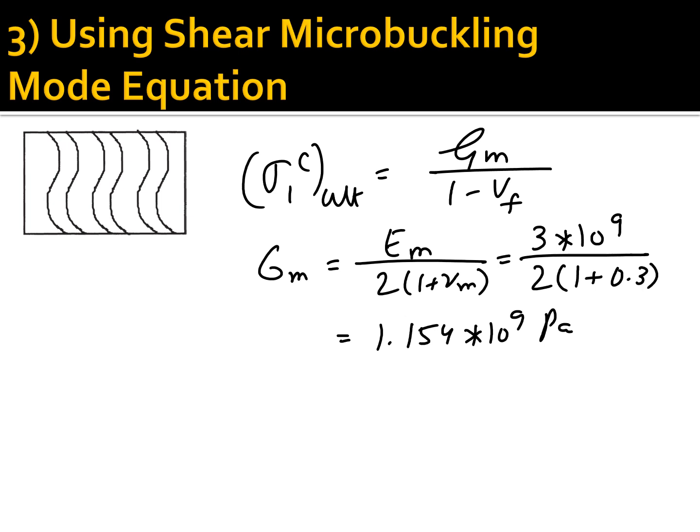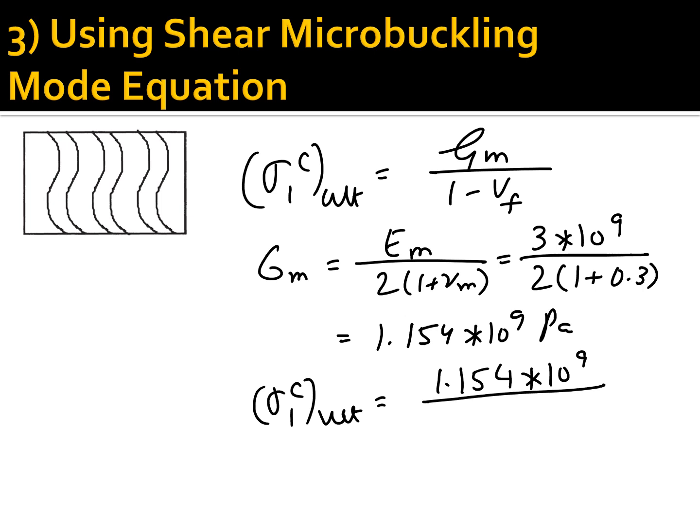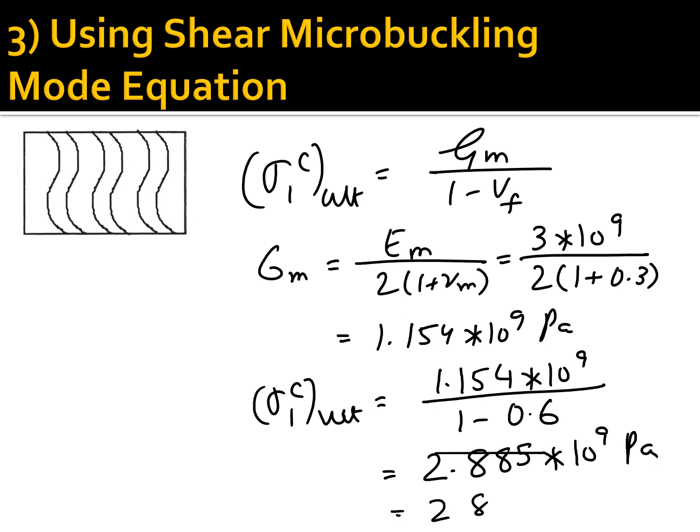We just substitute back here. We get sigma 1c ultimate is equal to the shear modulus of the matrix divided by 1 minus 0.6, which is the fiber volume fraction. So this gives us a number of 2885 megapascals.